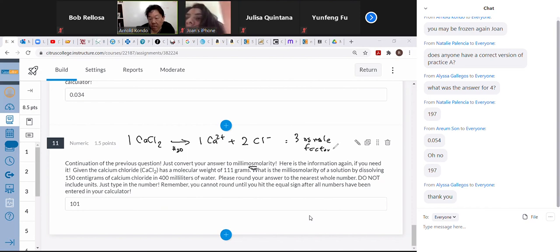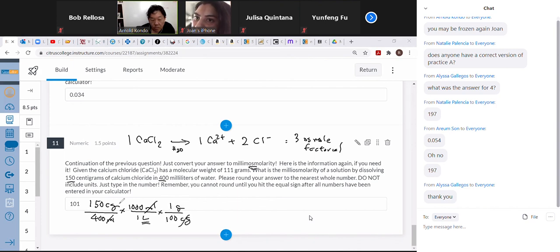For proper unit cancellation, we start with 150 centigrams over 400 milliliters, because that's what's given. We want to convert it to molarity first, so 1,000 milliliters to 1 liter, and 1 gram to 100 centigrams.